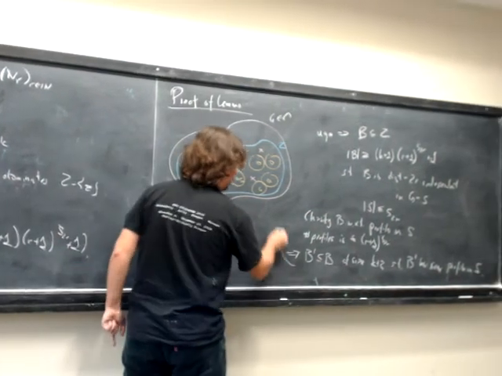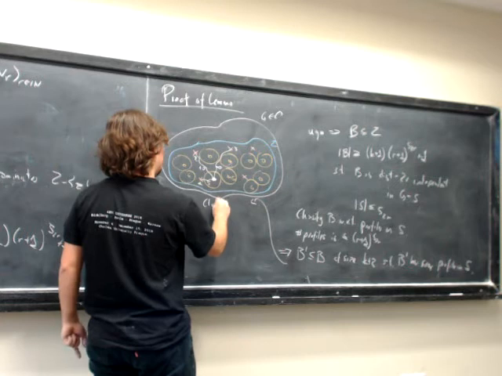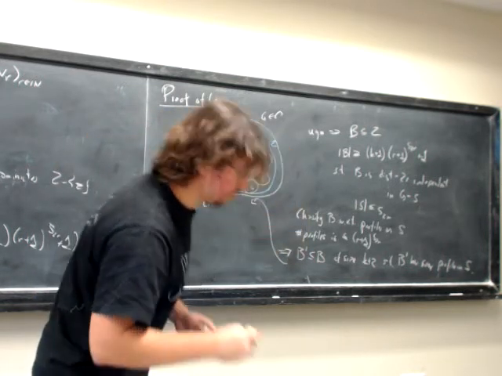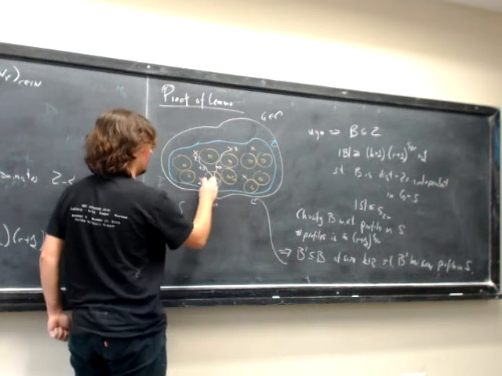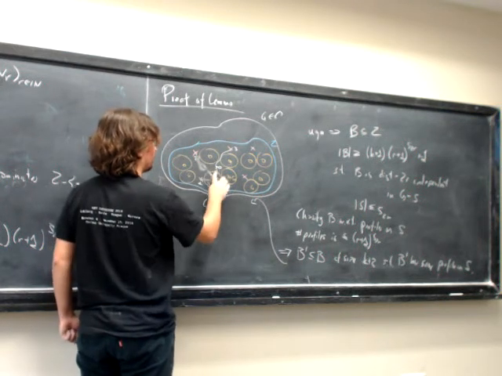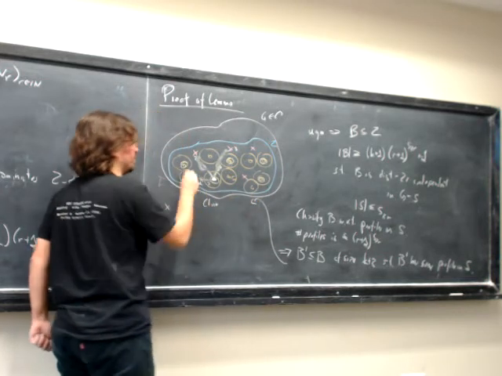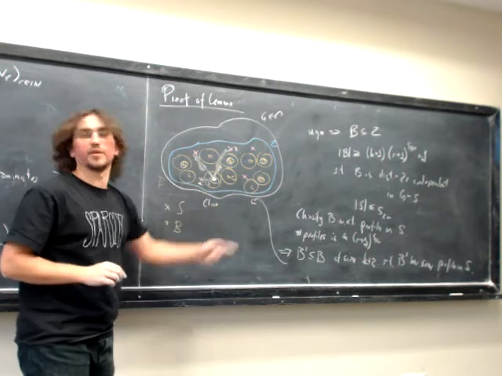Okay, now my claim, maybe I will highlight them somehow. So maybe this guy, and this guy, and this guy, and this guy, and maybe this guy, they are in my set B prime.